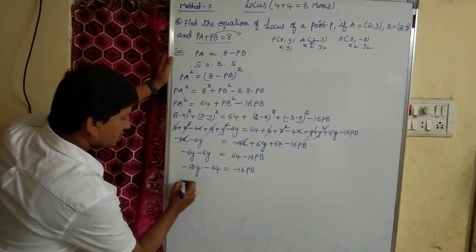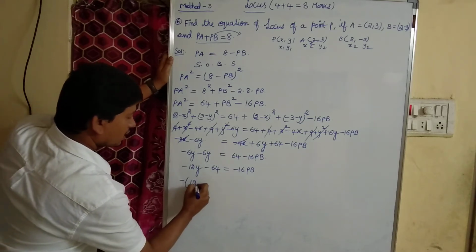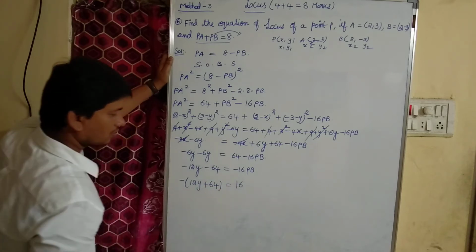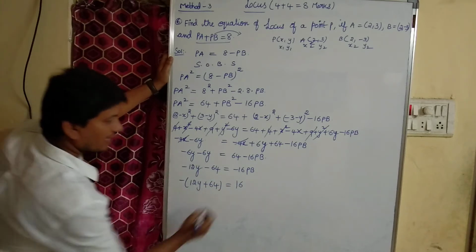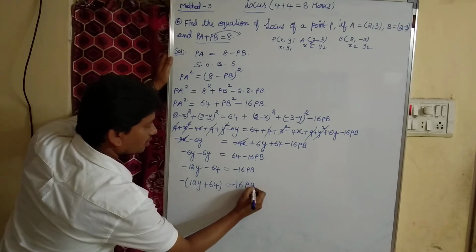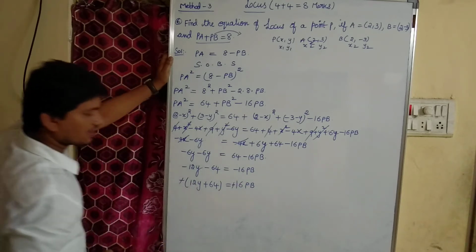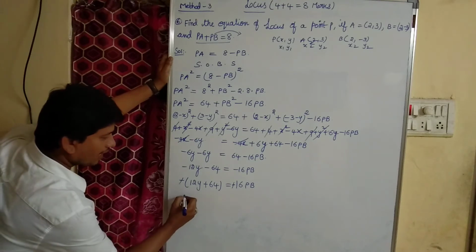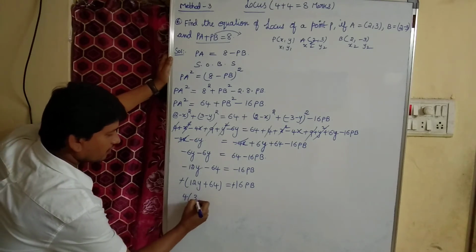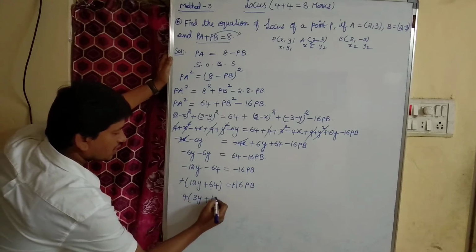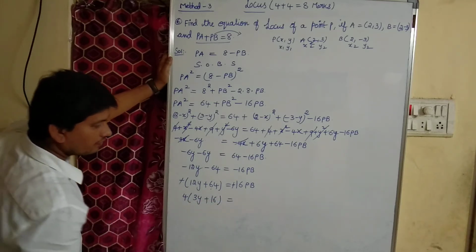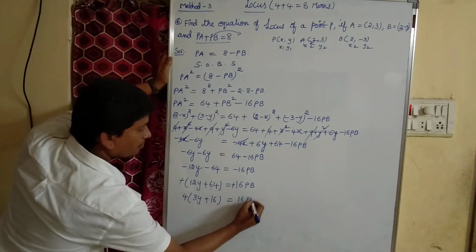So let us take minus common, you will get 12y plus 64 equal to minus 16 PB. So minus gets cancelled. Again from these two terms I can take 4 as common: 4 3s are 12y, 4 16s are 64, equal to what we have here, 16 PB.